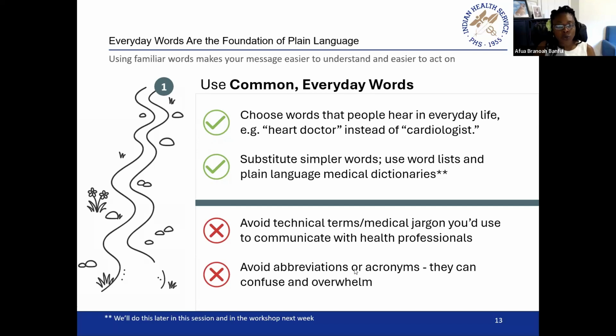Even the ones that you would think are widely understood may not be. So if you find yourself using jargon or abbreviations, pause and see what the everyday words for it are. This is where some of the resources and tools will help. So we're going down the path to plain language. The very first thing, remember, is to use your common everyday words.